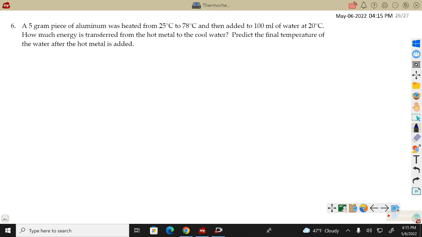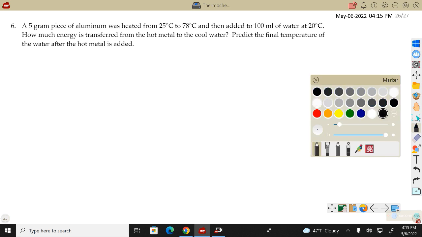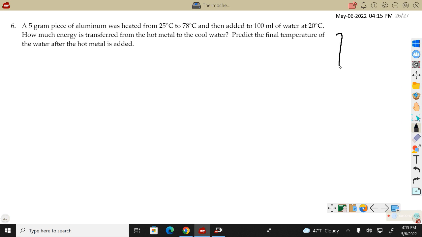So here's kind of what's going on. Maybe I have a beaker or a cup of some kind, and it's got water. This is initially 100 milliliters of water at 20 degrees Celsius. All right, well, then I have this hot piece of metal.